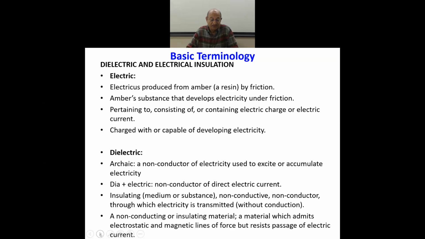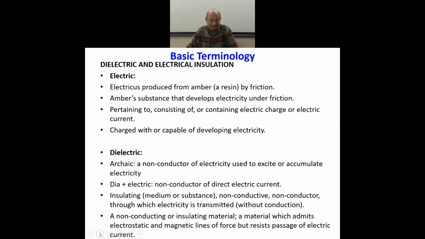Electricus, a very old definition, by friction. That is given the name for electricity, or you can say charged, capable of developing electricity. So these are very, very old definitions of electric or electricity.